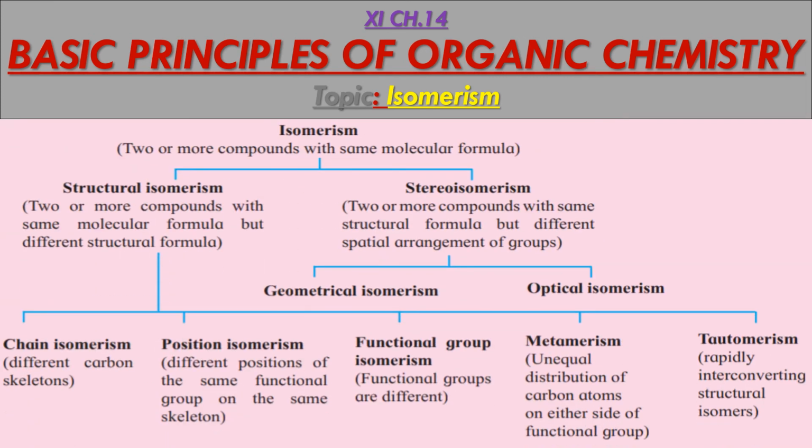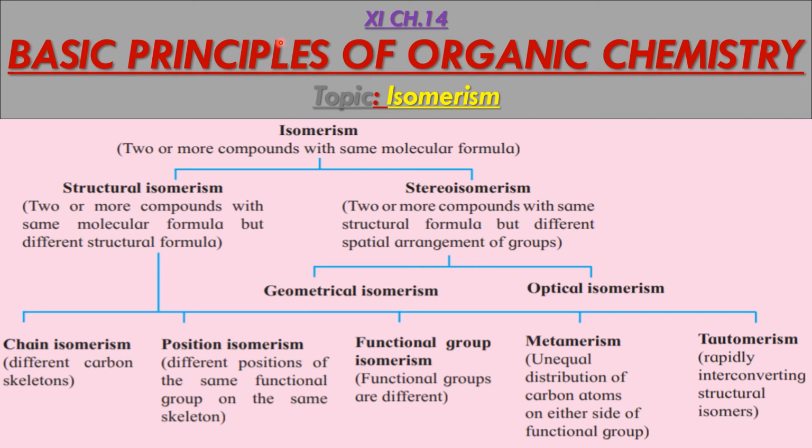Now, what is isomerism? It is a phenomenon in organic chemistry. In this phenomenon, two or more organic compounds have the same molecular formula, but different structural arrangement or different spatial arrangement of atoms or groups in the molecule.